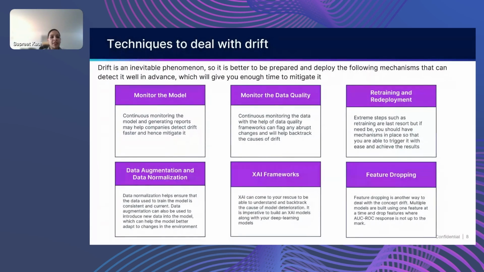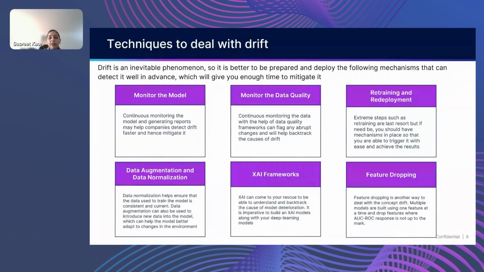Okay, now shifting gears to some of the techniques to deal with drift. More than detecting drift, you also have to deal with it at some point in time. I think the first two are very obvious: you monitor the model and you monitor the data quality.